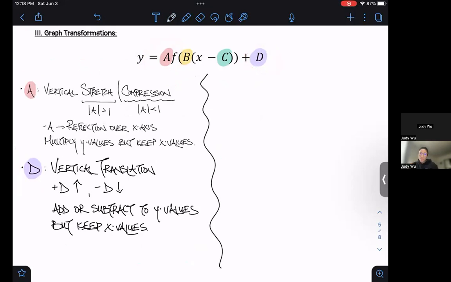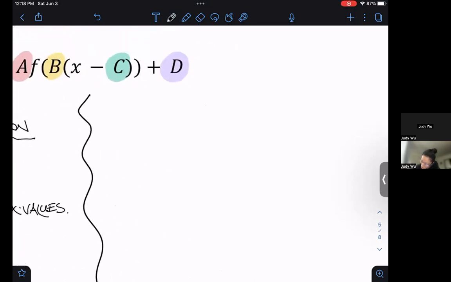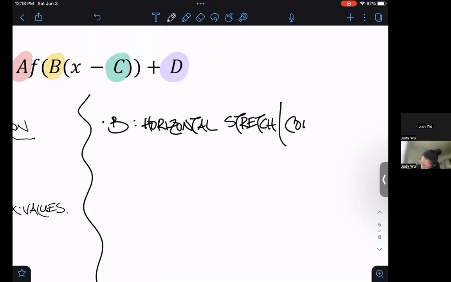Now, B and C are also some sort of stretch, compression, or translation, except they're not in the vertical direction, they're in the horizontal direction, okay? So let's start with B here. B is what we will call a horizontal stretch or compression.